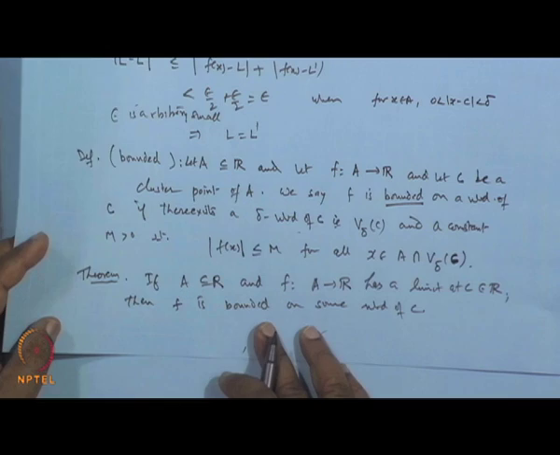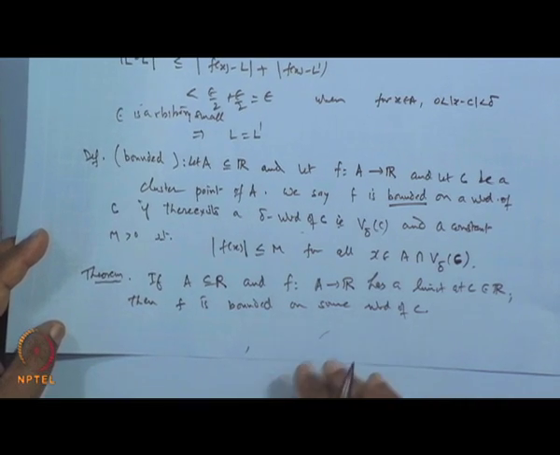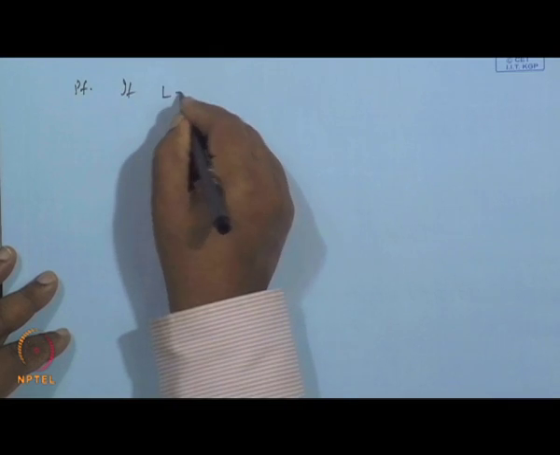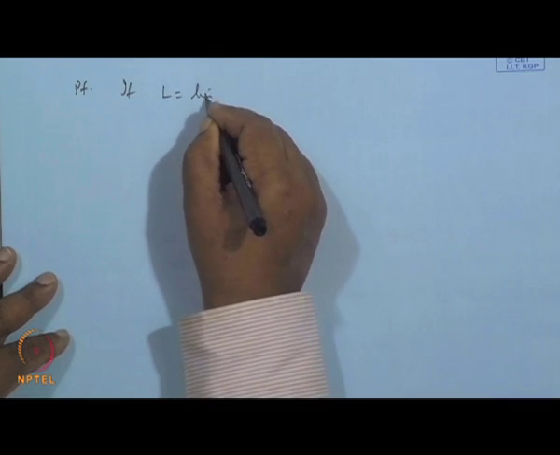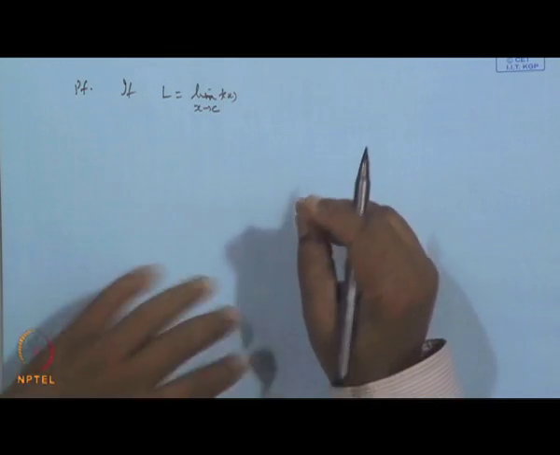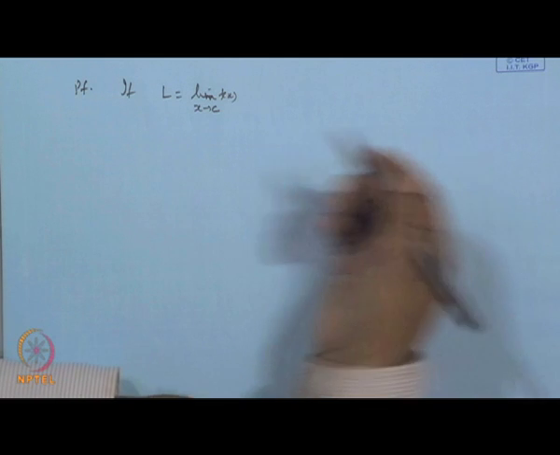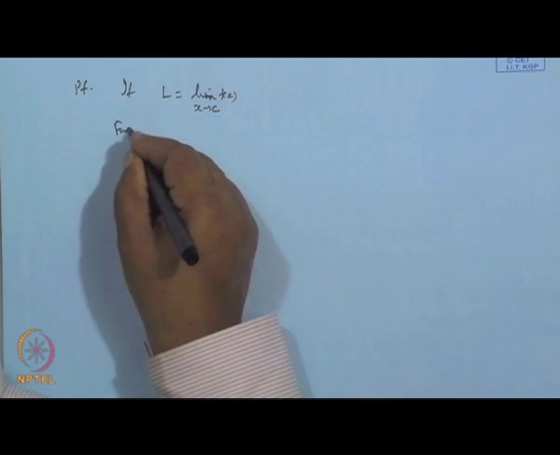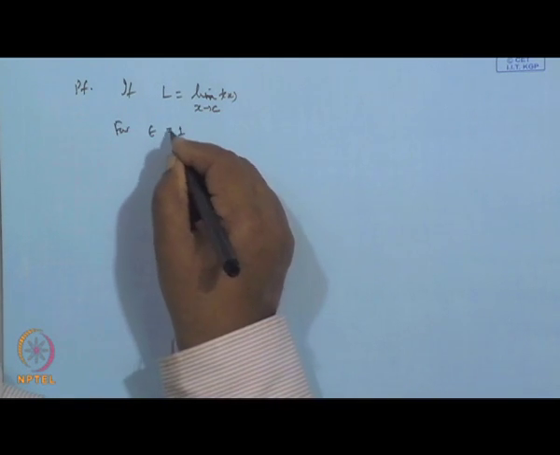So, if the limit of the function f exists, then the function f must be bounded in some neighborhood of c. Okay. So, suppose L is the limit of f(x) when x tends to c, this is given. So, by definition, for a given epsilon, I choose epsilon to be 1.